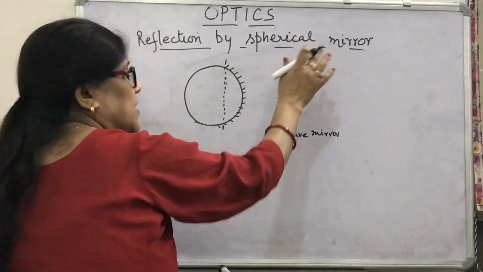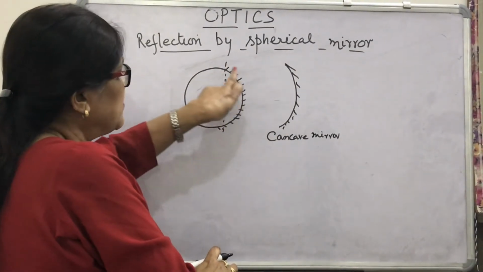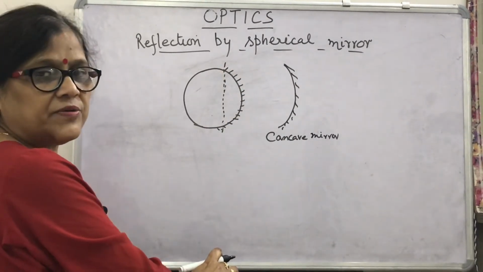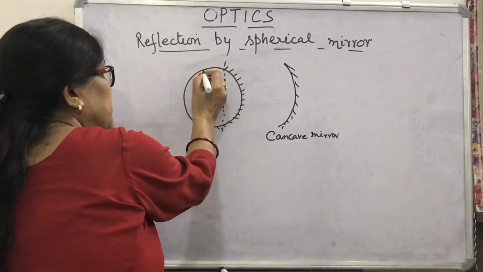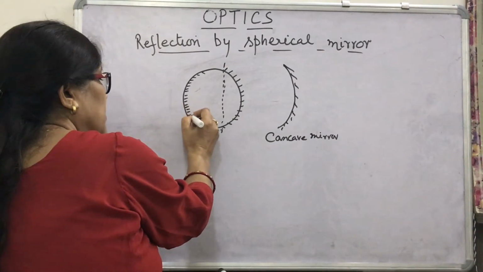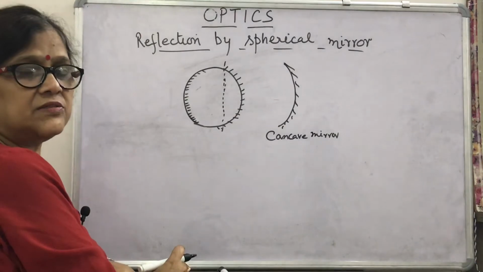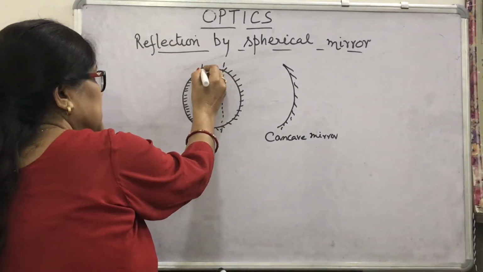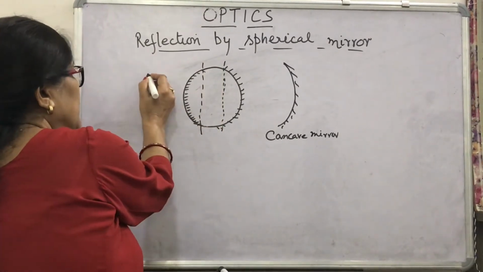How is the spherical mirror produced? It is formed because polish is done on the outside of the glass sphere. What will happen if you make the polish on the inner surface? I am talking about the glass sphere, and if the polish is done like this and a portion is cut, suppose this portion is cut here, then what will this be?